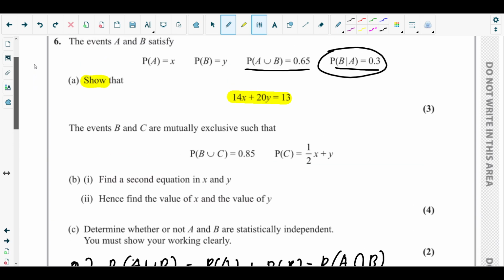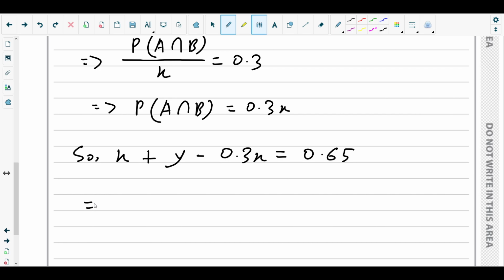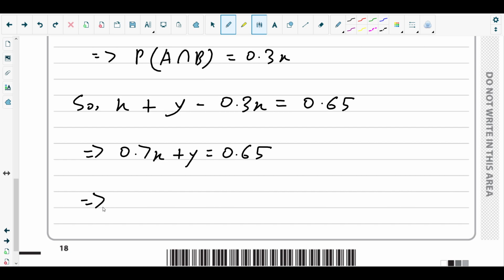So x minus 0.3x, which is 1 minus 0.3, gives 0.7x, plus y equals 0.65. Now we can multiply both sides by 10, and you will get 7x plus 10y equals 6.5. Now we can multiply both sides by 2. 6.5 times 2 gives 13.